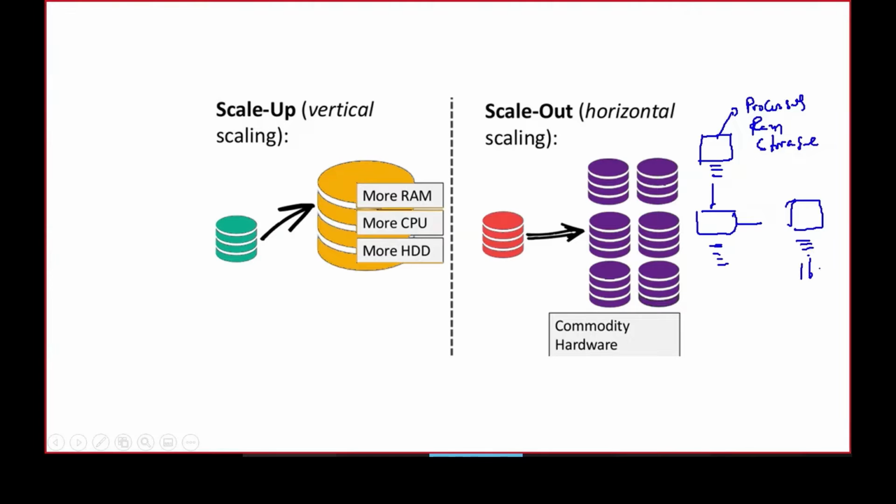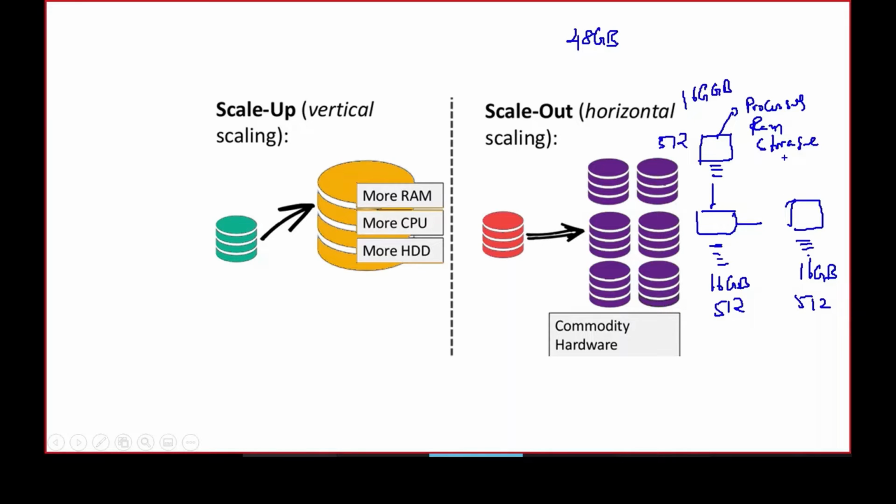Suppose assume that this is 16 GB and 16 GB. I'm talking only about the memory, 16 GB. So obviously what happens is I got 48 GB of memory for processing. All right. And let us assume it has some 512 GB storage. This has 512 GB storage. This has 512 GB storage. 1536 GB is available there.